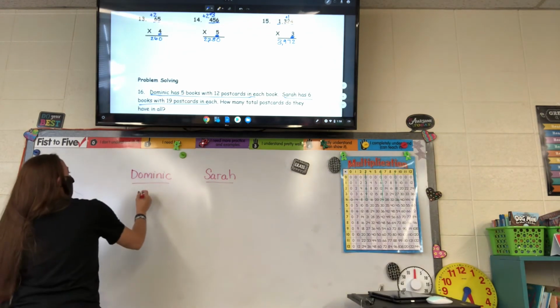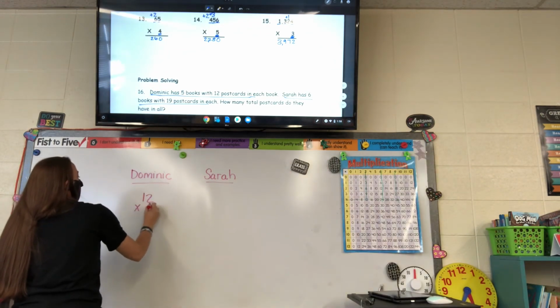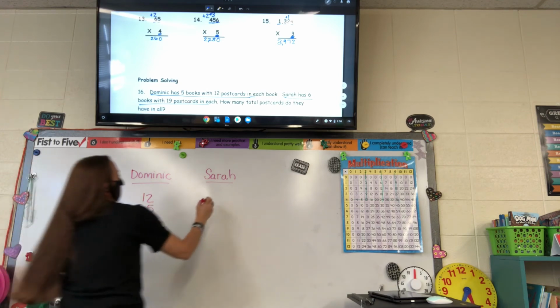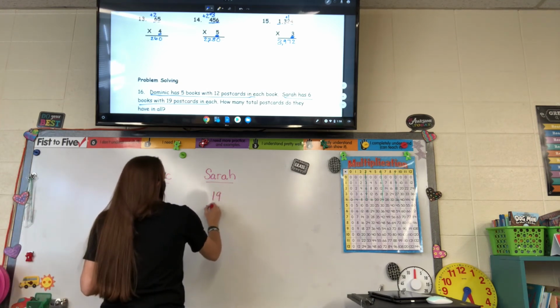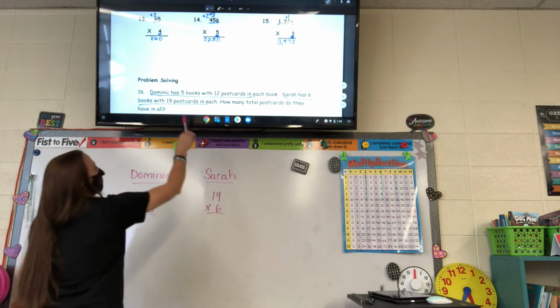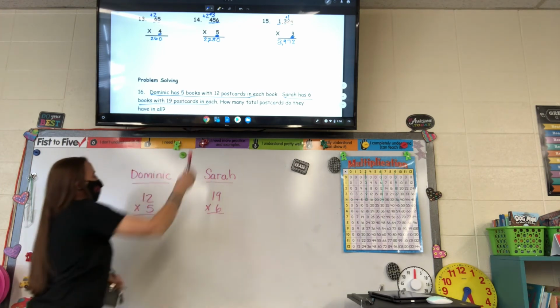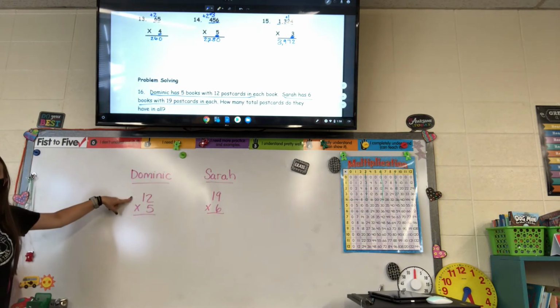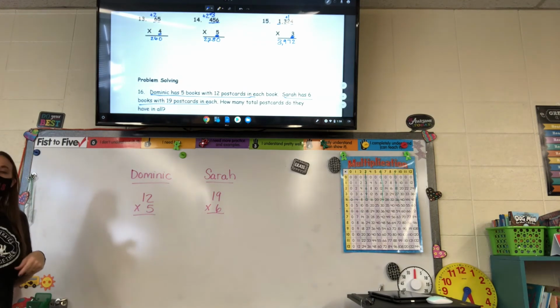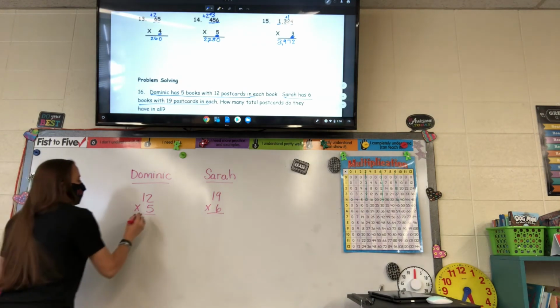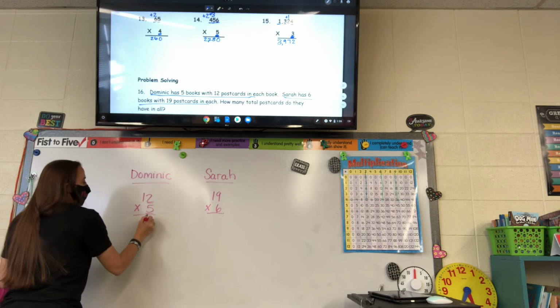Okay, so Dominic has 12 times 5, and Sarah has 19 times 6. Notice that even though it has the 5 first, then the 12, which number did I put on top? 12 because it's bigger. Always put the bigger number on top. Okay, so we go 5 times 2 is 10.